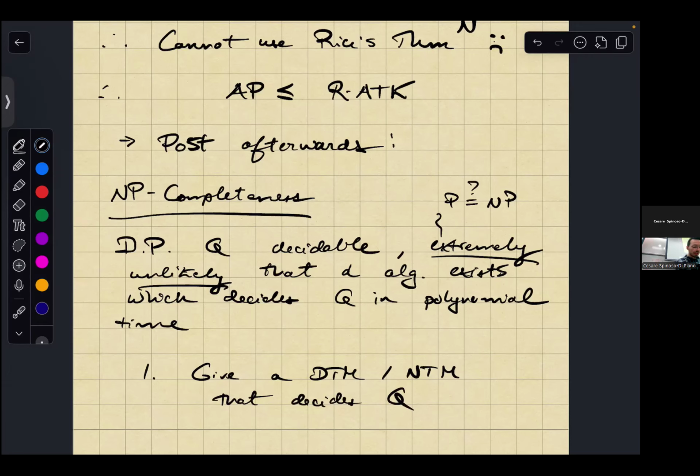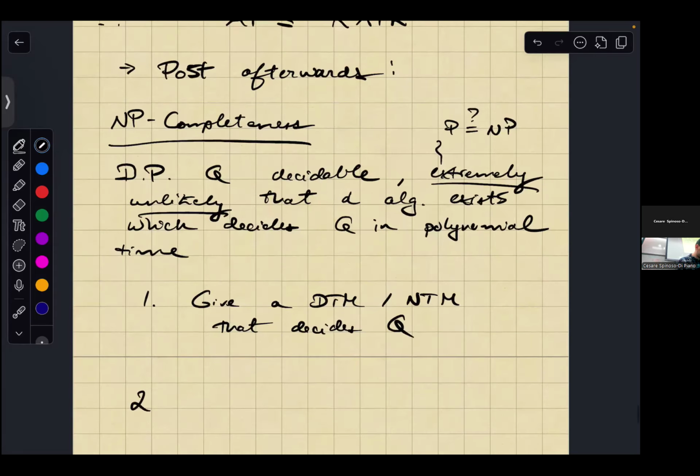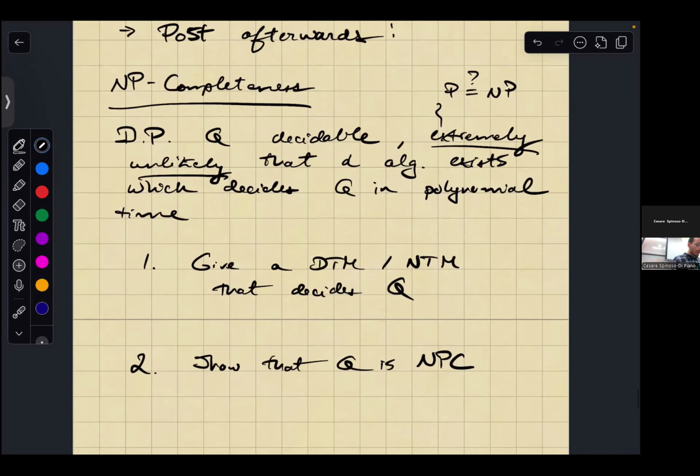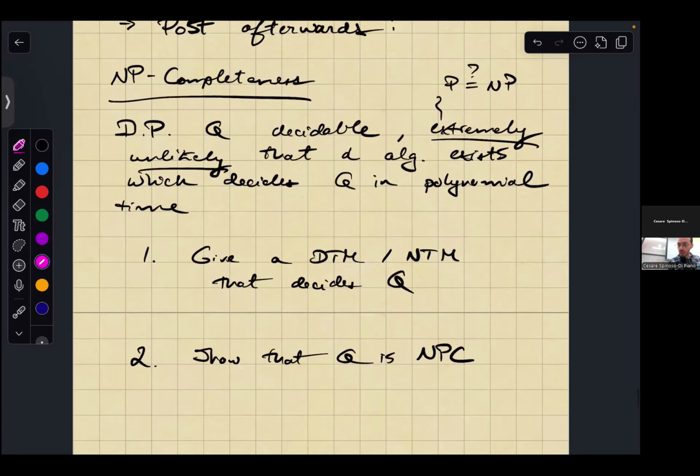And the other thing that you might be asked is to show that Q is NP complete. So NPC is what I'm using as a shorthand for NP complete. Today and for the rest of the session, we're going to focus more on the second. I invite you to look at the tutorial 12 recordings for the first thing.